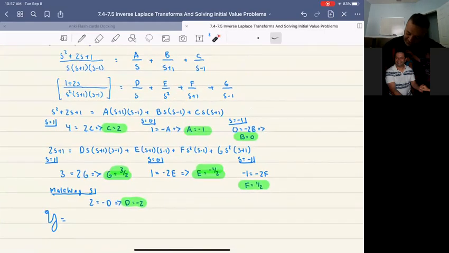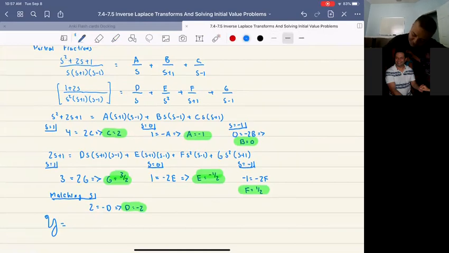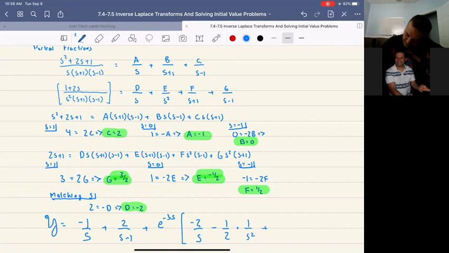So y equals -1 over s, plus 2 over s minus 1, plus e to the -3s times -2 over s, minus 1/2 times 1 over s squared, plus 1/2 times 1 over s plus 1, plus 3/2 times 1 over s minus 1. Okay, so this is our y.